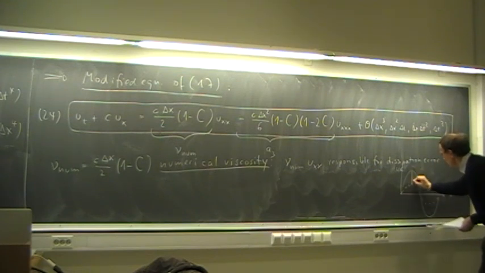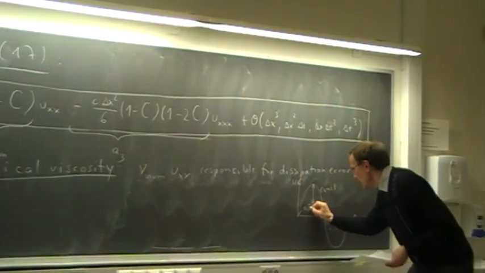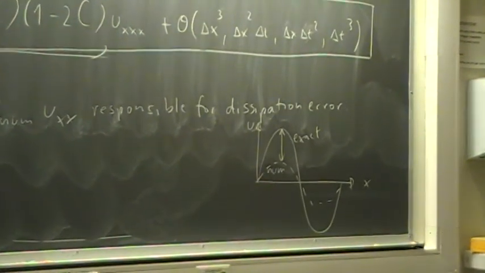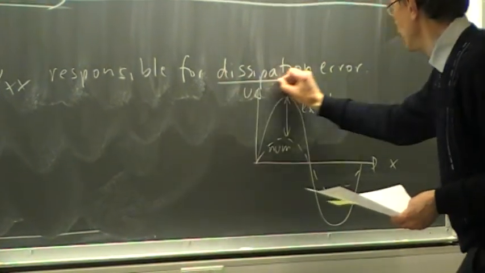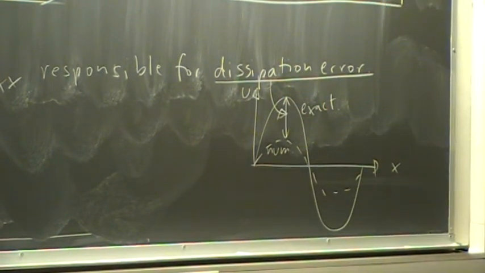So this is exact, and this here is the numerical, and that is then the dissipation error that we see. So that is the error that makes the amplitude decrease. So we lose the amplitude simply because of the dissipation error.